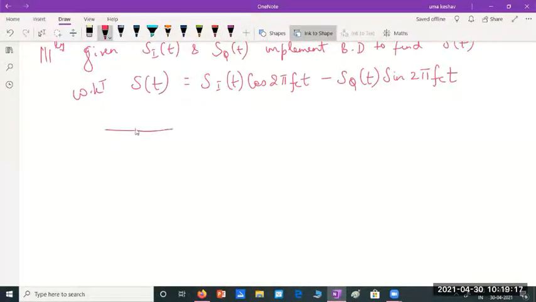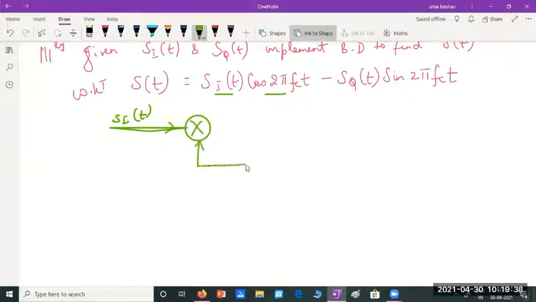Now you are given Si, and what should you multiply Si with? Si should be multiplied with cosine.